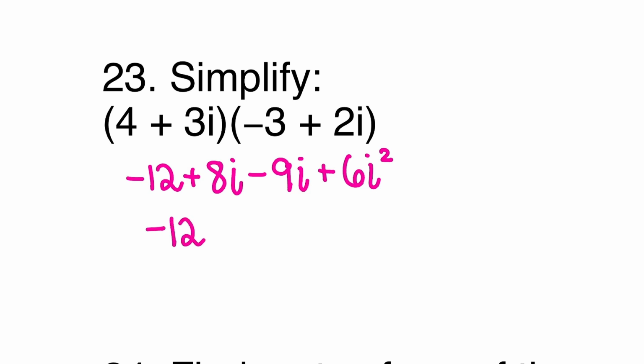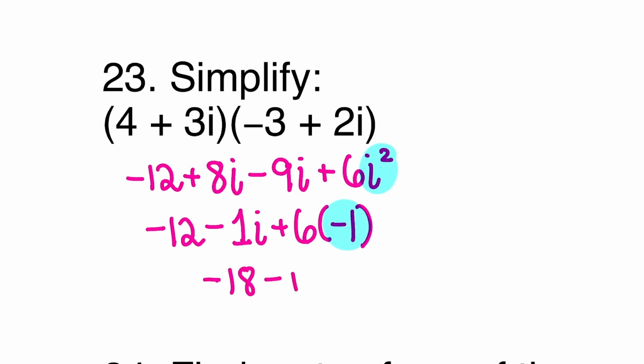Negative 12 minus 1i plus 6 times negative 1, because remember, i squared is negative 1. So negative 12 minus 6 is negative 18. Then we have negative 1i. We don't really have to write the 1 there, so it's just negative 18 minus i.